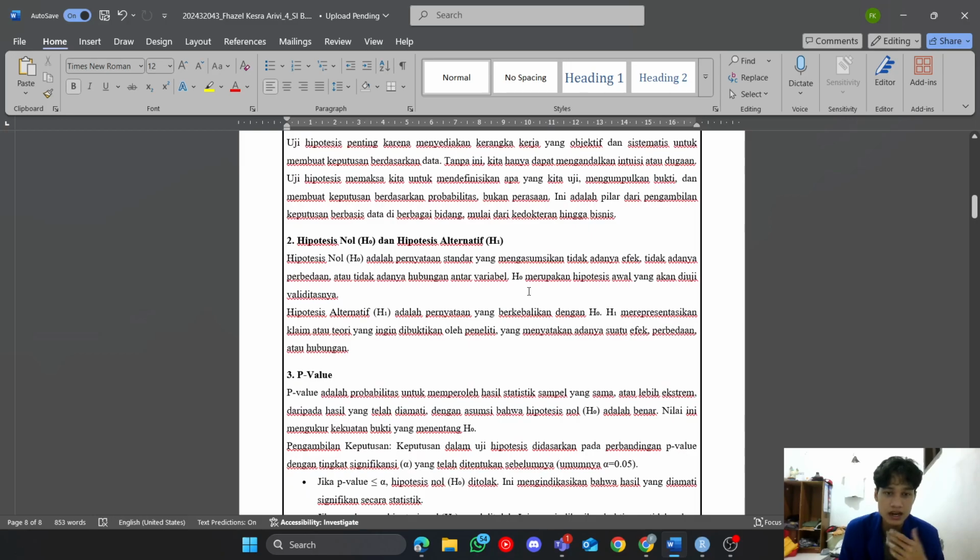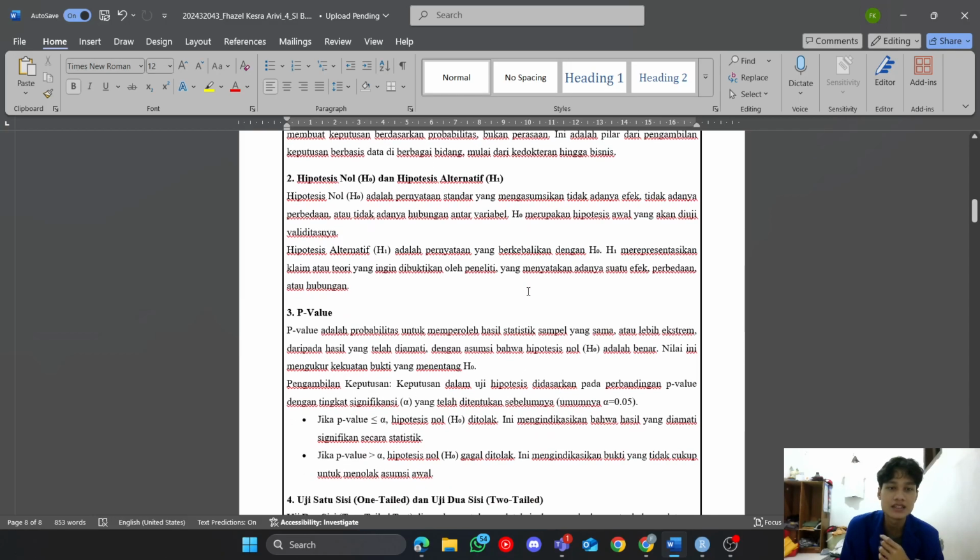It is a statement that we assume there is no effect, so there is no difference, there is no correlation among the variables. So H zero is the first hypothesis that we will test the validity of.